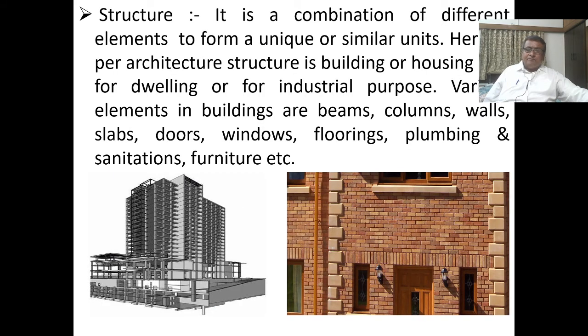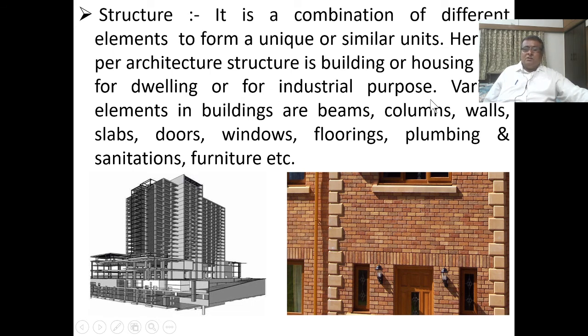Now structure. What is structure? It is a combination of different elements to form a unique or similar unit. So it is a combination of different parts or different units to give one single structure. Here, as per architecture, structure is the building or housing unit for dwelling or for industrial purpose.